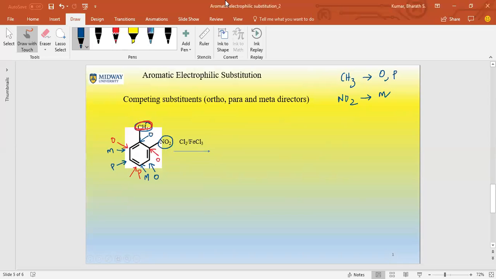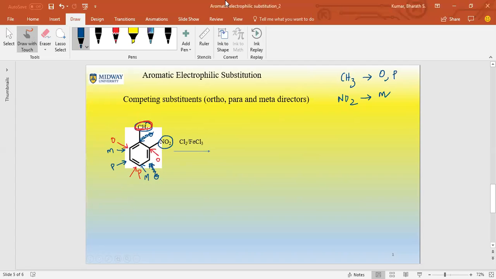You see how things are different? Now, we know that with NO2, it only goes to the meta position, so we might not even need to worry about the ortho here, although I was only pointing out what that is, because NO2 is a meta director. So this is meta, this is also meta, this is ortho, this is para.